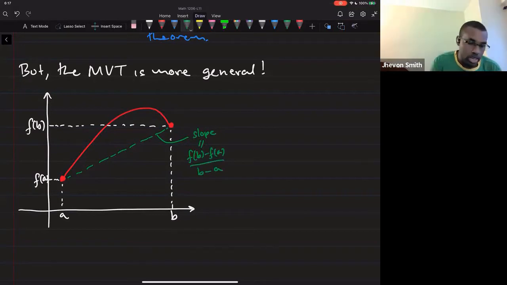But you'll notice that there is a point inside where if I were to draw the tangent line to the curve at that point, it's actually going to be the same slope, right?